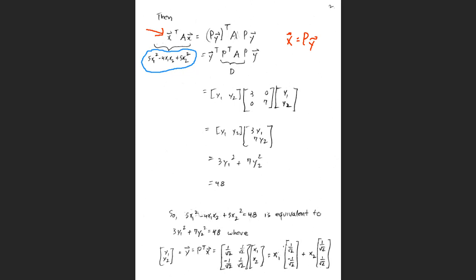We can do that. Because x transpose A x equals y transpose times the diagonal matrix D times y, the diagonal matrix D is just the diagonal matrix with the eigenvalues. You see, now we don't have any cross product terms here.